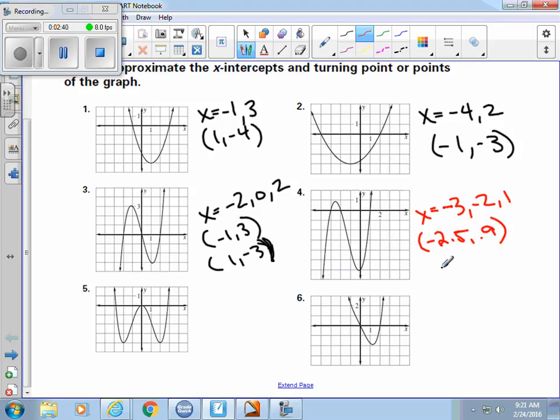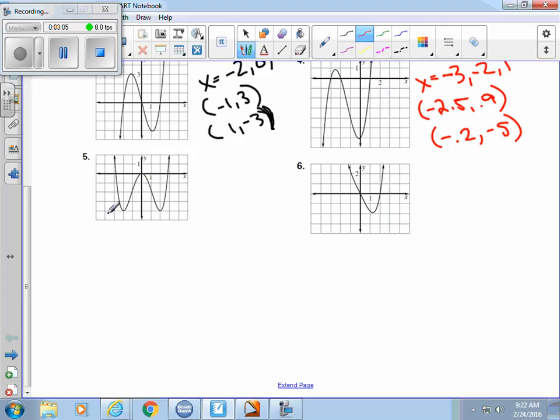And then negative, I don't know, what do you think, 0.2, 0.1? -5. Now, would I give it to you if these numbers were different? Yes. We're looking for an approximation, so those will not be perfect.